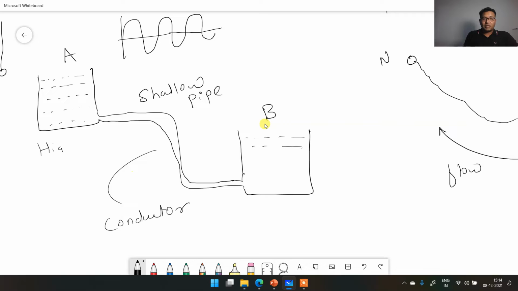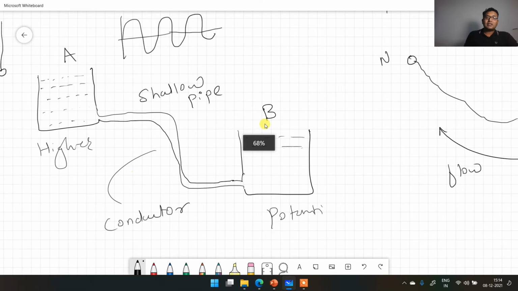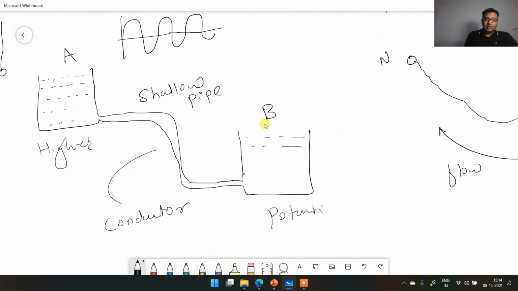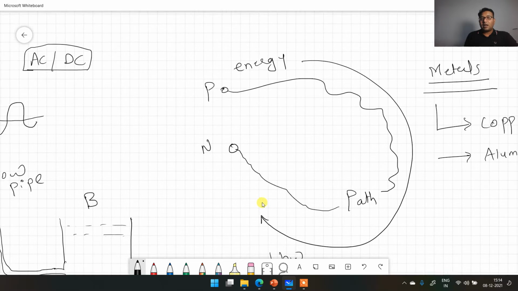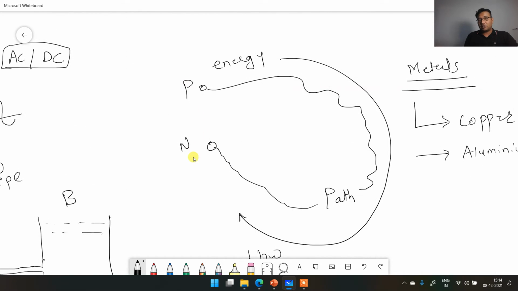First of all, what is needed? You need a higher potential and you need a lower potential, and you need some conducting path. Then there will be a flow of water. In the same way, you need a higher potential like phase, you need a lower potential like neutral, and then there has to be some conducting path for the electricity to flow through it.